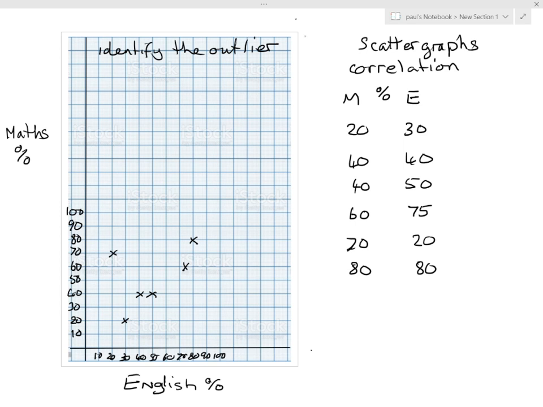This one over here, whoa, that's way different from the rest, so that's an anomaly. This is our outlier. And then you have to draw a line of best fit.